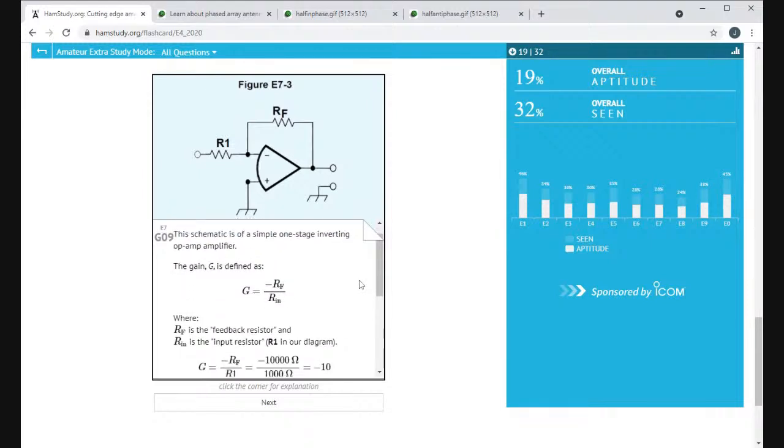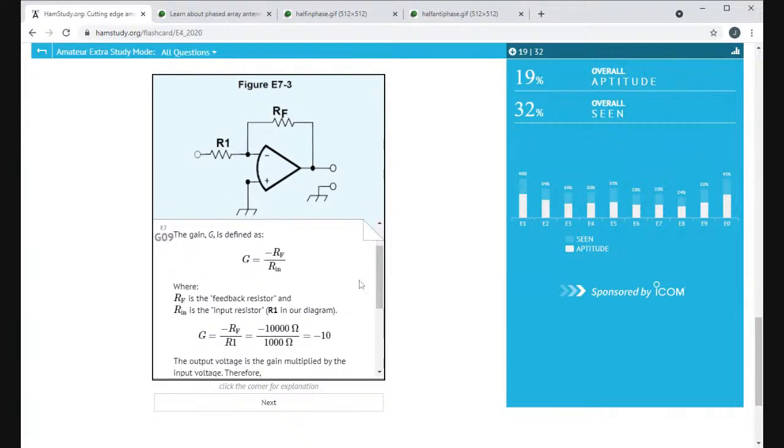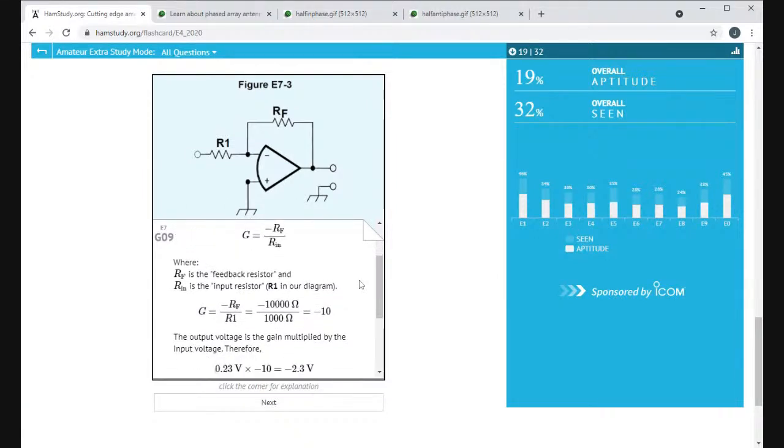Gain equals negative RF over R1. So negative 10 kilohms over 1 kilohm equals negative 10 is your gain.